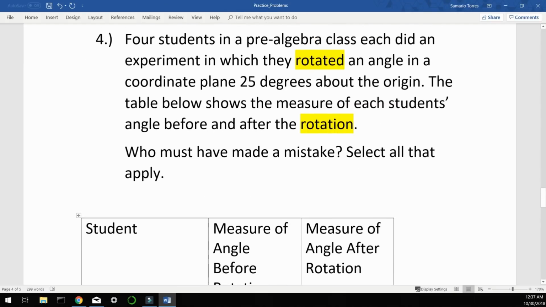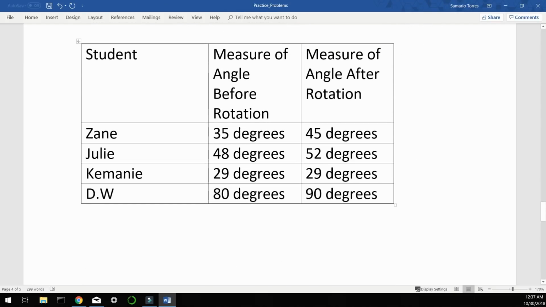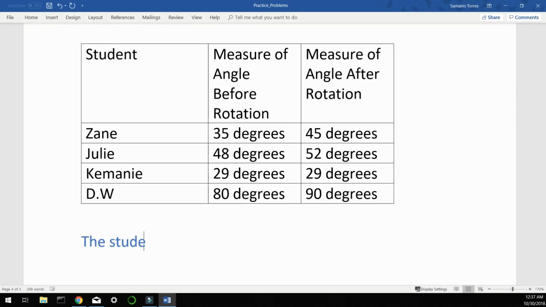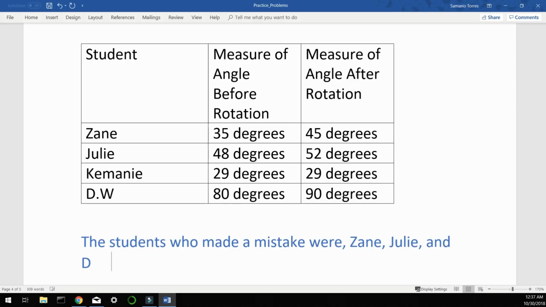Let's put the answer in a different color, blue. The students who made a mistake were Zane, Julie, and DW.